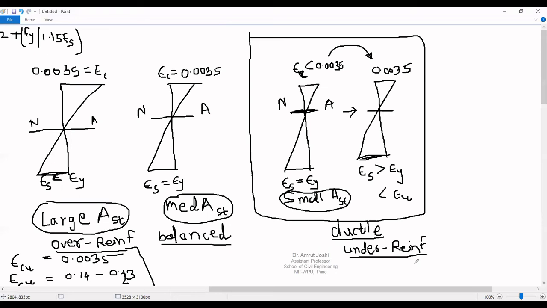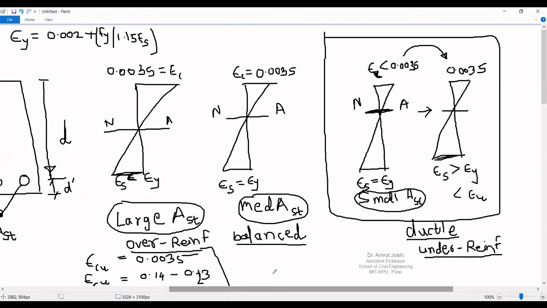So if the code is going to allow only under reinforced sections, why do we worry about defining over reinforced and balanced sections? Because there are several existing structures which have been designed prior to the emergence of the limit state method of design.